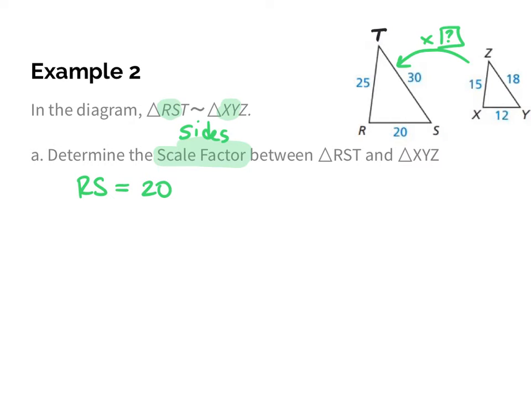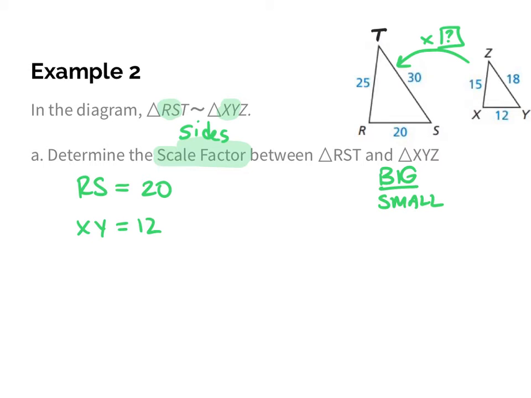I know that X to Y from my diagram is going to be 12. So if I want to find the scale factor, I'm going to divide those two out. When I divide them, I'm always going to compare the big to the small, okay? When we did section 8.1, we looked at the image compared to the original object.